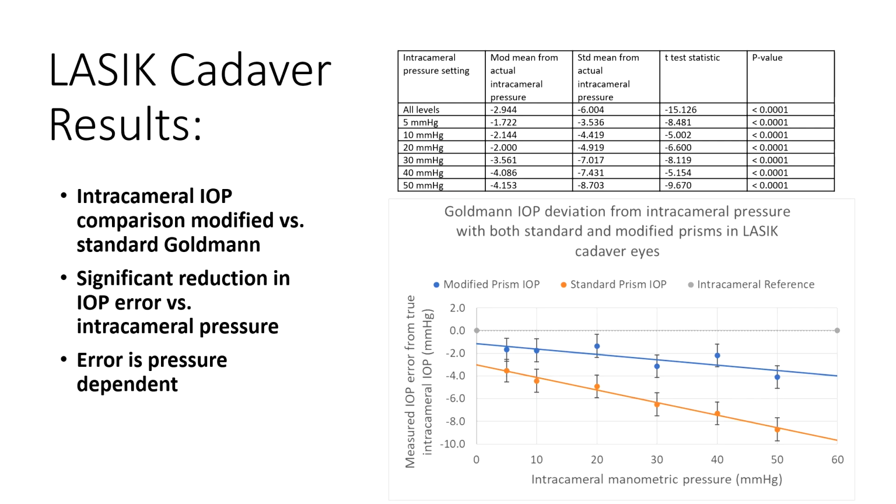In the LASIK cadaver study, across all IOP measurement levels, the modified prism is more accurate than the standard Goldmann prism by being closer to intracameral pressure. It is noted that the IOP error is pressure dependent, but to a lesser degree with the modified prism.